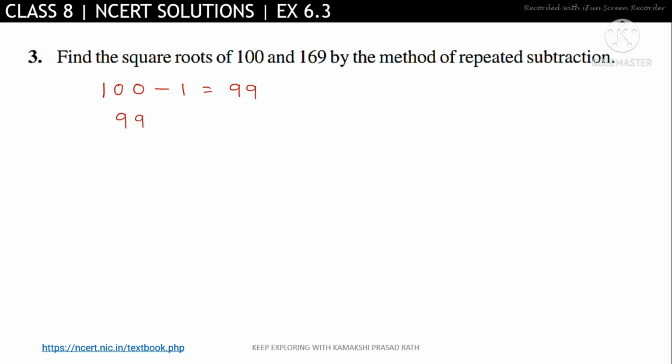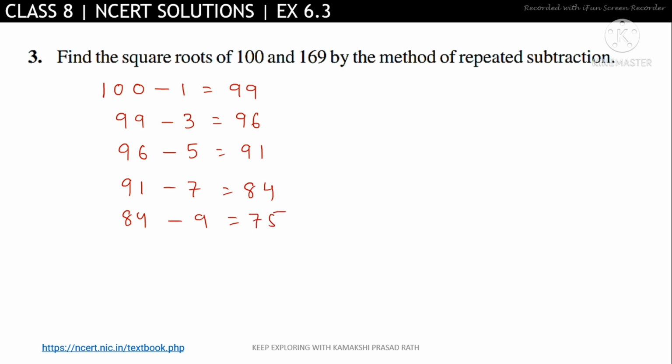Again 99 minus 3, we get 96. 96 minus the next odd number, that is 5, we get 91. 91 minus 7, we get 84. 84 minus 9, we get 75. 75 minus 11, we get 64. And 64 minus 13, we get 51.